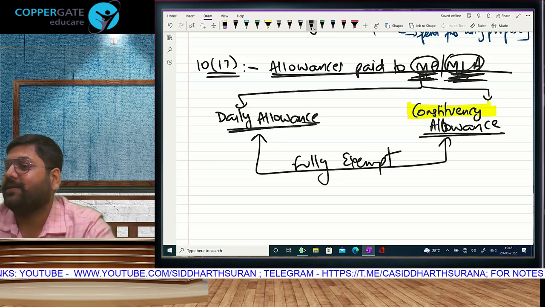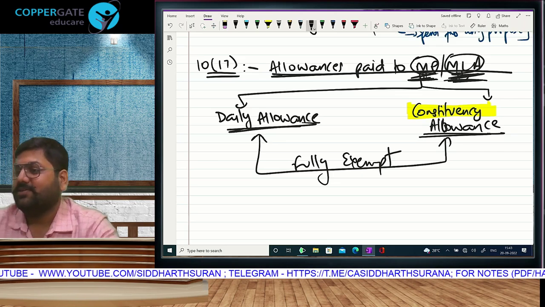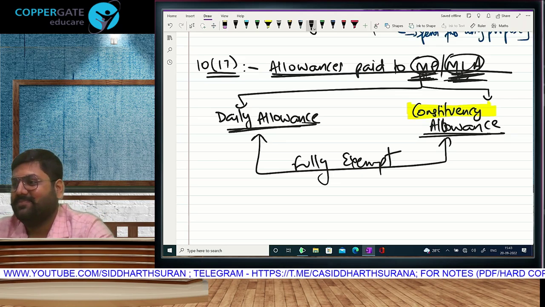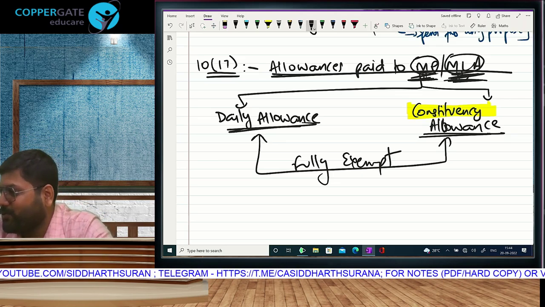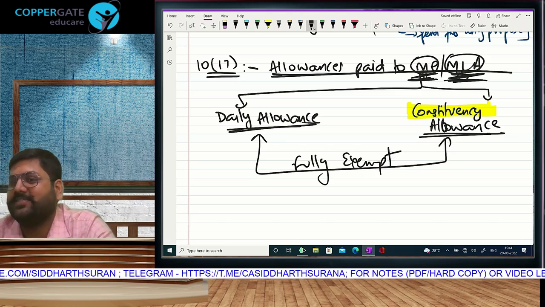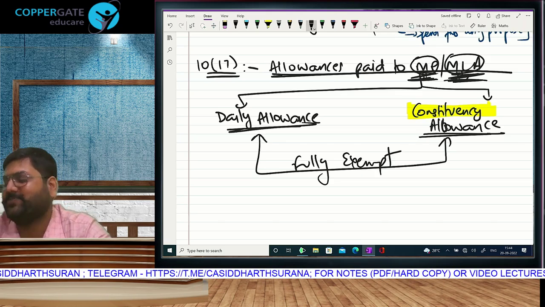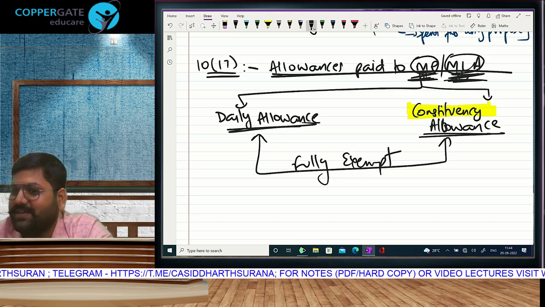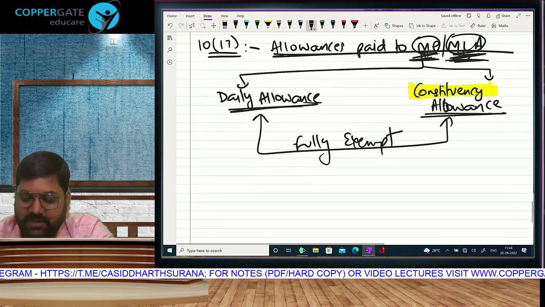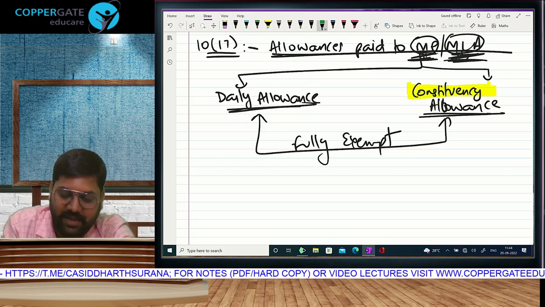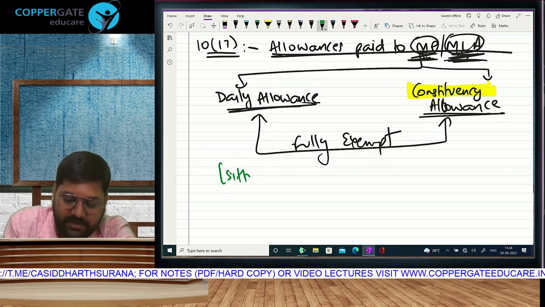He didn't spend anything, fully exempt. That's the problem. You spend or you don't spend, purpose is irrelevant now. Even if you don't spend, it is fully exempt. Did you understand? So daily allowance and constituency allowance will be exempt. But I am not teaching you this, I am just giving you a clarification.